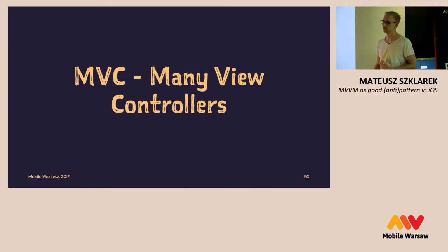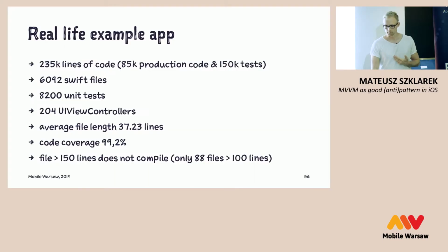To prove that it works really well and it's scalable, I will provide some data from our application that we made at El Passion several months ago. It's a real life example.